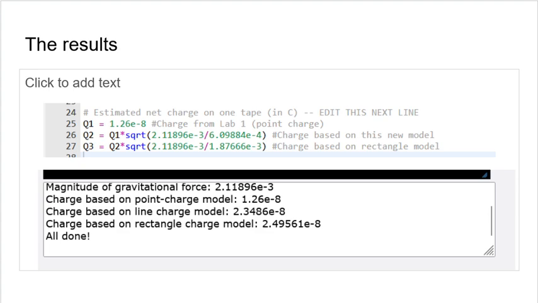Whereas in a point charge, it's all concentrated, so it's all at the minimum distance and will have a higher force with the same lower charge. So it'll need a lower charge to create the same force.